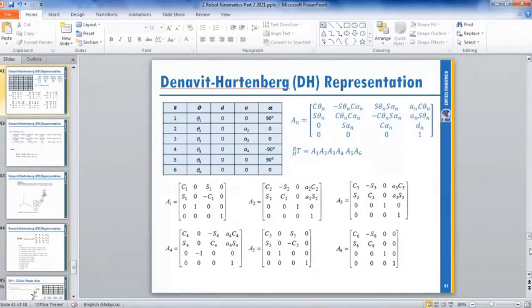So this matrix actually already multiplies rotation matrix Z and rotation matrix X. After you multiply, you get this matrix. This is from joint 0 to joint 1.